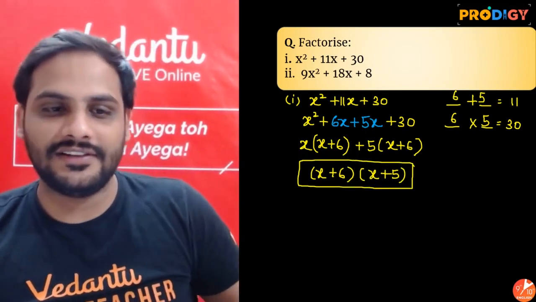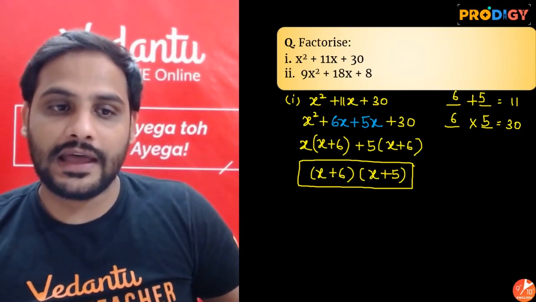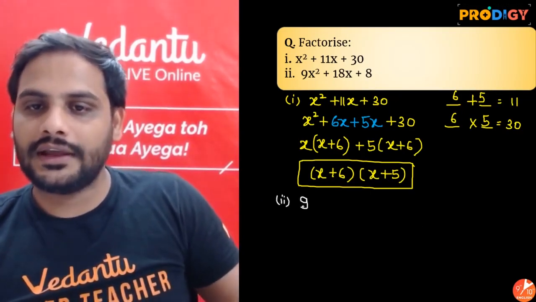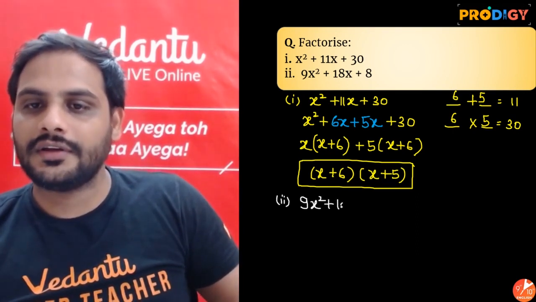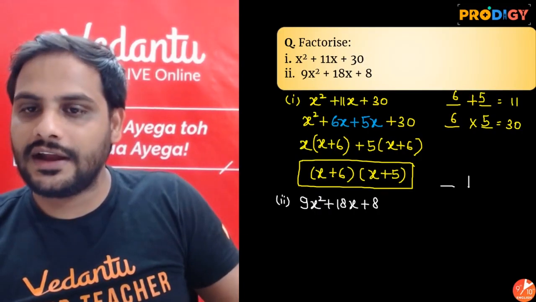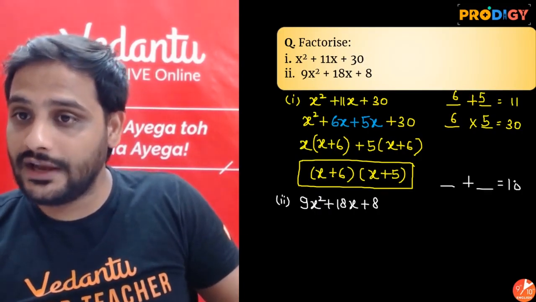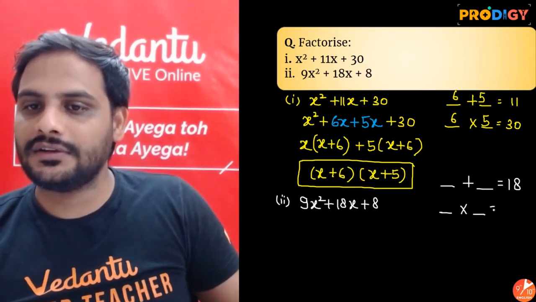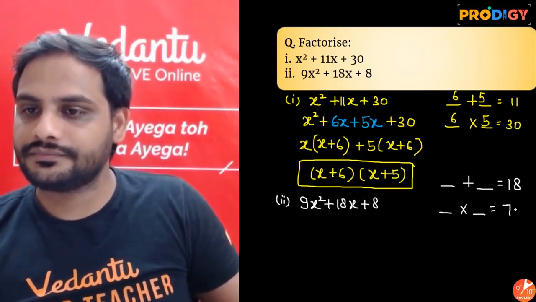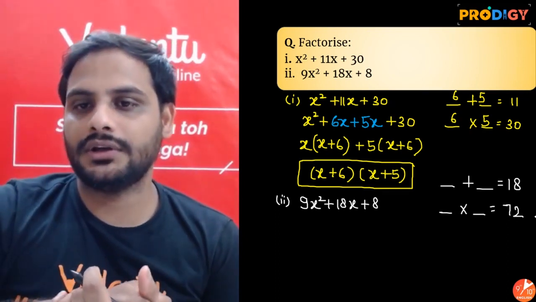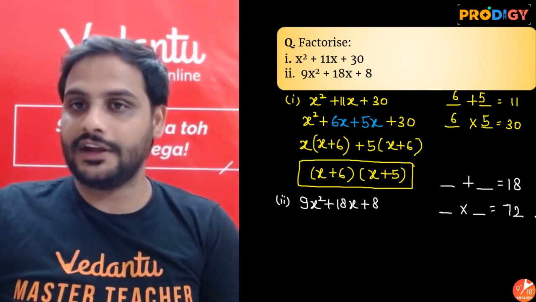Next question, guys, 9x square plus 18x plus 8. So I want two numbers such that addition is equal to 18 and multiplication is 9 8s, which is 72. Now try to break 72. We want the sum to be equal to 18.